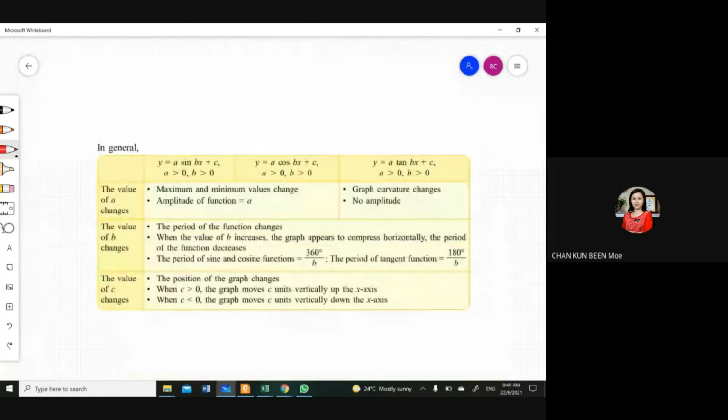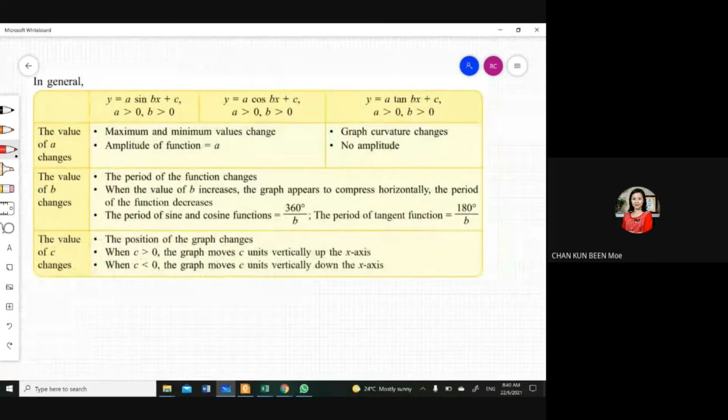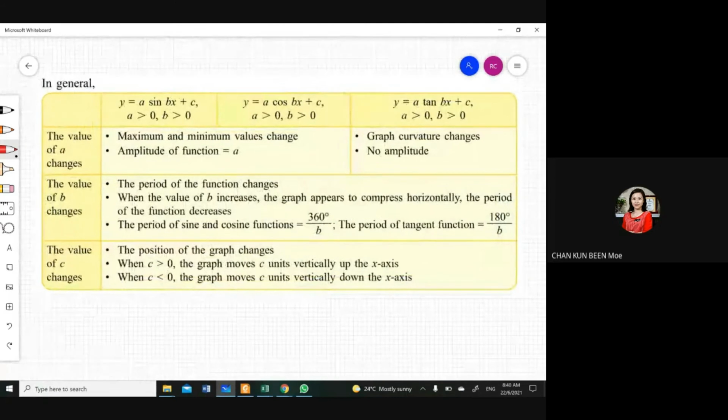So this is the important part that we need to know. It's in your book, page 188. When y equals a sin bx plus c, the value of a is greater than 0, and b is greater than 0. When the value of a changes, the maximum and minimum value change. The amplitude of the function is equal to a.